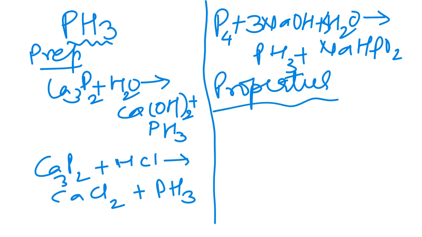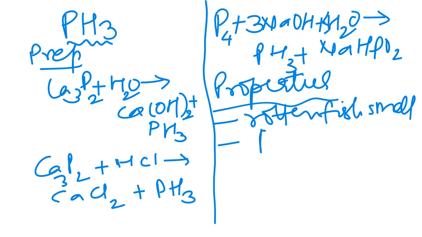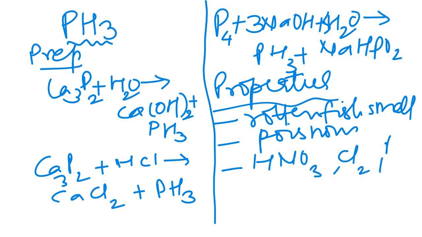Then properties. It is a colorless gas with rotten fish smell. Highly poisonous. Then if it comes in contact with the oxidizing agents like HNO3 or Cl2 or Br2, it explodes.